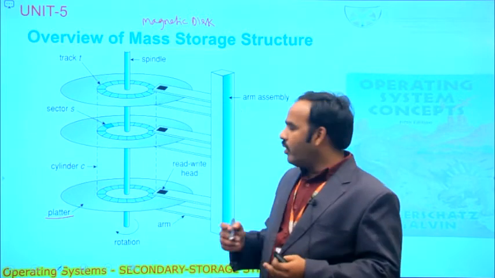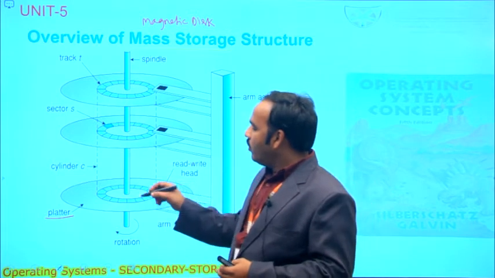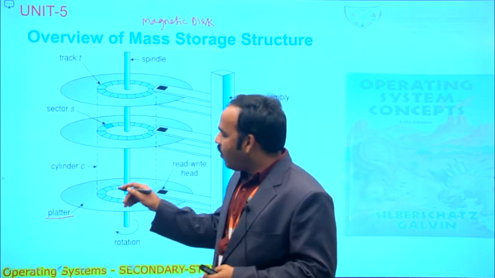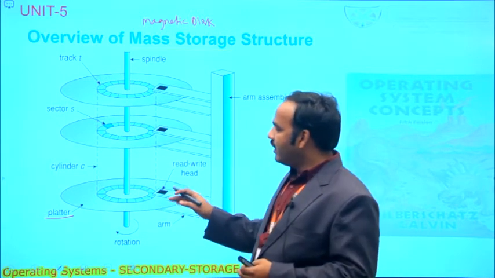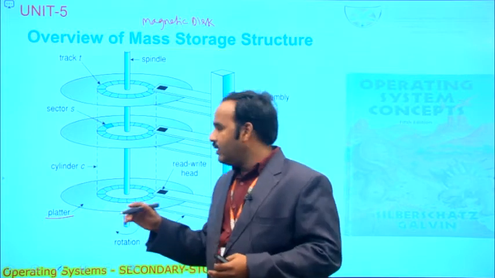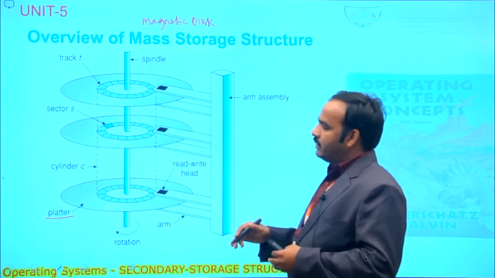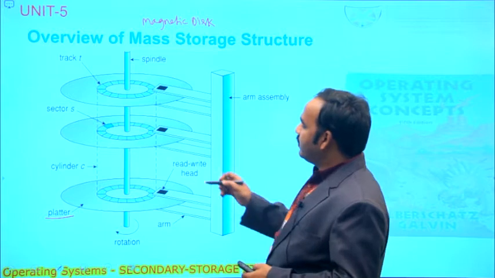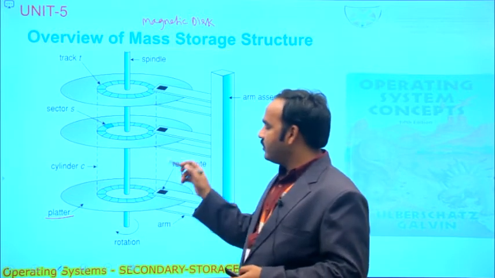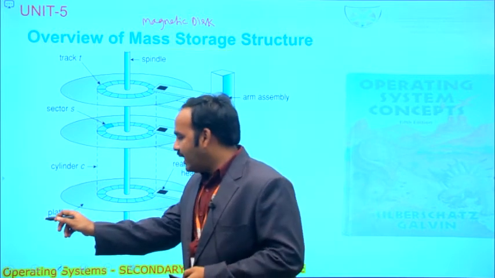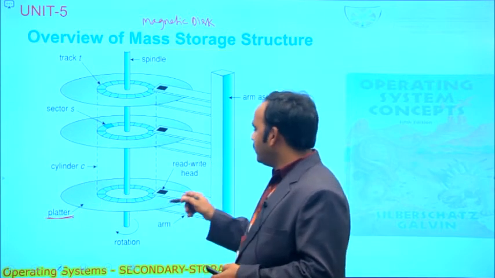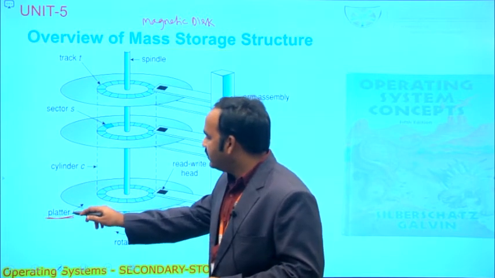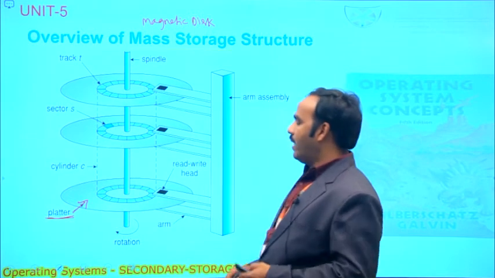Now I am not going to explain how the data will be written and in what format on the platter. That is out of our topic. But the first physical component in the hard disk is the platter. Here you can see the platter.